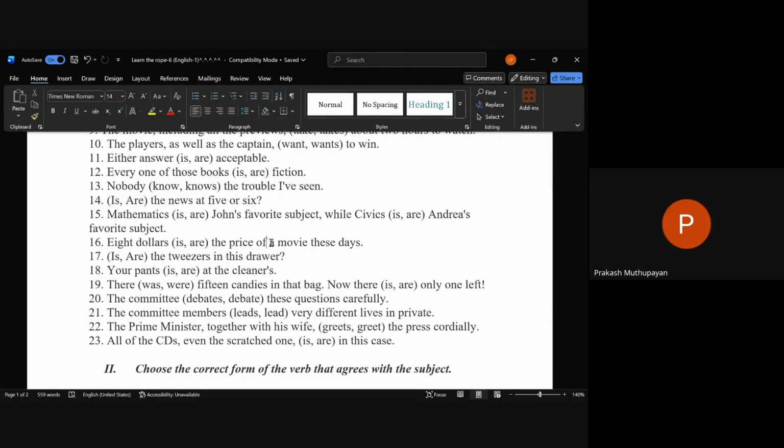And why? Quantity is generally considered singular, but if you talk about dollars, it's plural, I guess. Dollars are costlier than rupee, something like that. But why are we saying $8 is singular? That's the point here. When we talk about the quantity, we generally use singular, I guess.